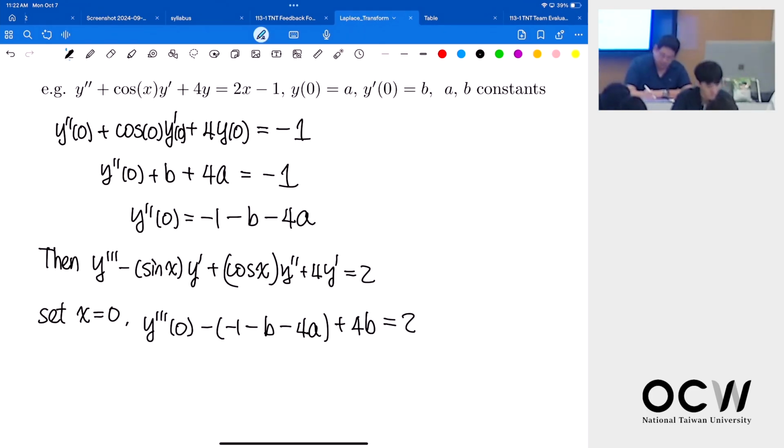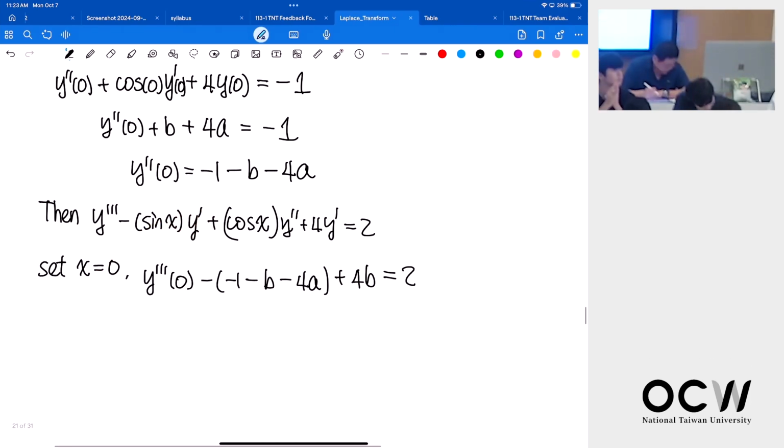Oh, sine 0 is 0, so we don't have this term. You have y triple prime of 0 is 3 minus 3b plus 4a.